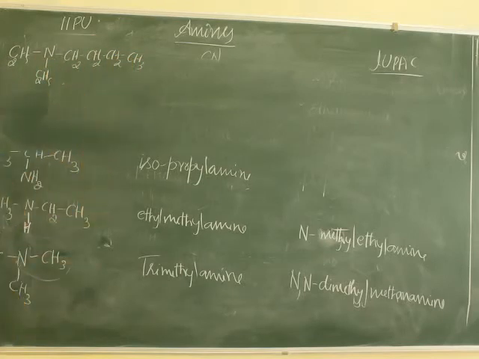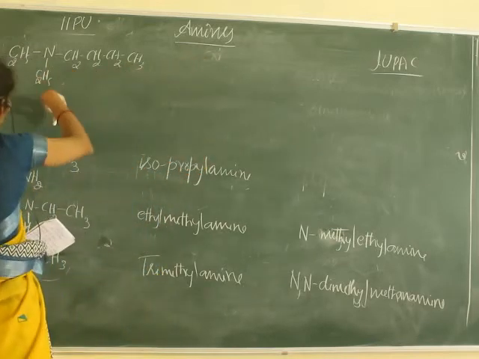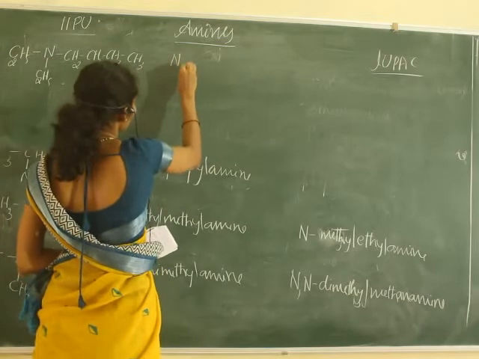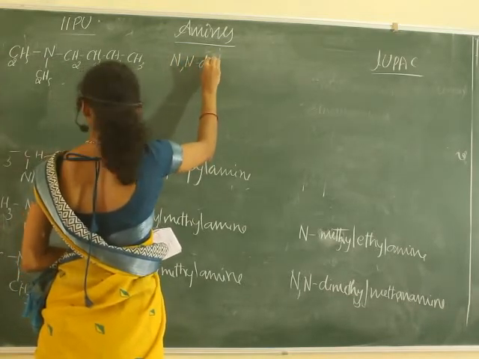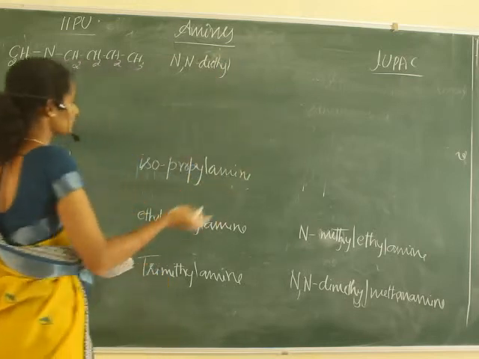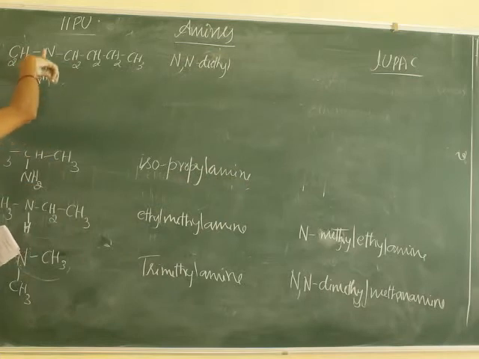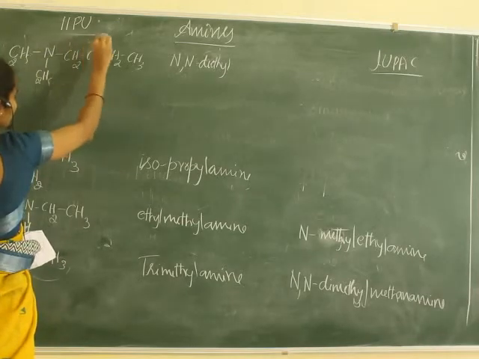This compound is there. And the common name of this compound: at N two ethyl groups are attached. Hence, N,N-diethyl ethyl amine, right? Ethyl amine is here, to N two ethyl groups are attached. Hence, N,N-diethyl and parent chain 1, 2, 3, 4.